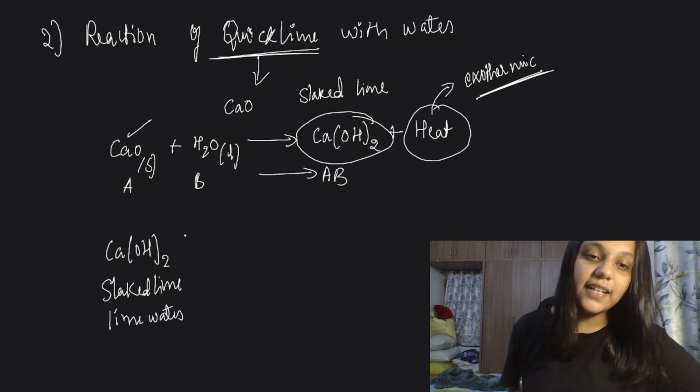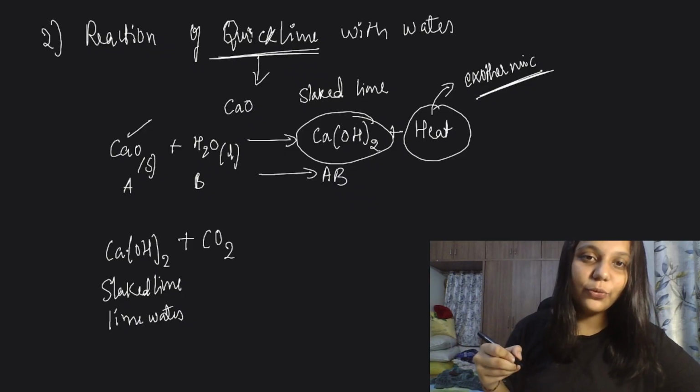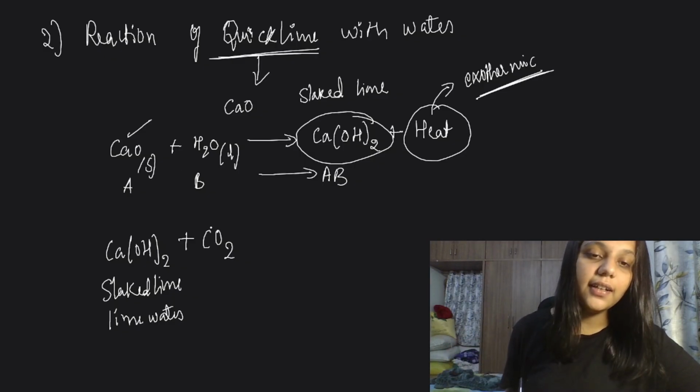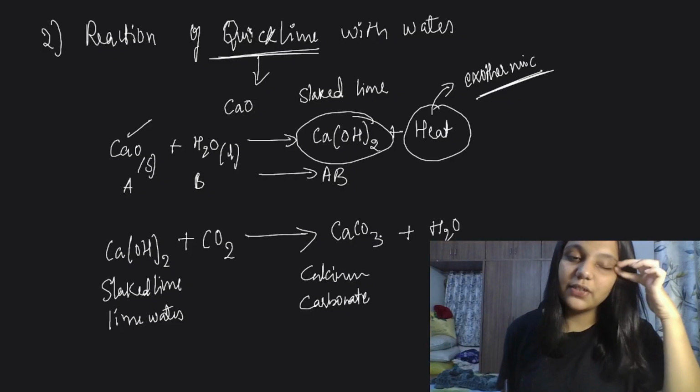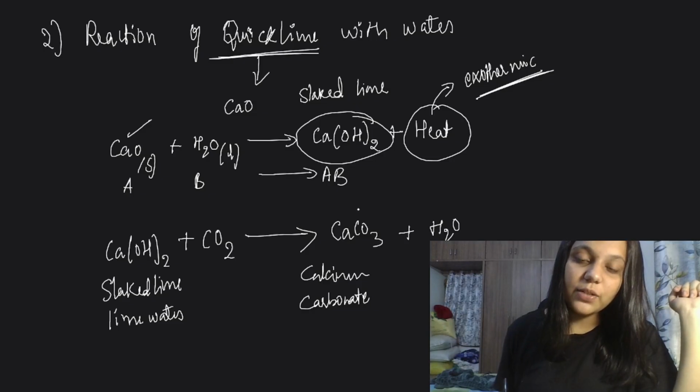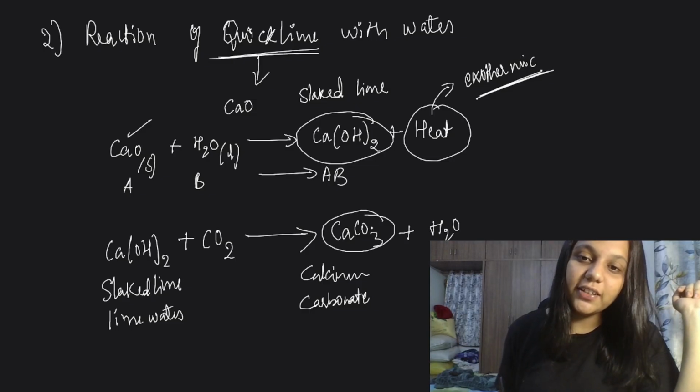This reacts with carbon dioxide which is present in the air, and if you apply it to a wall, it is obviously interacting with the air, and that reacts with the carbon dioxide to form calcium carbonate plus water. Due to the formation of this calcium carbonate, we can see that shiny layer.